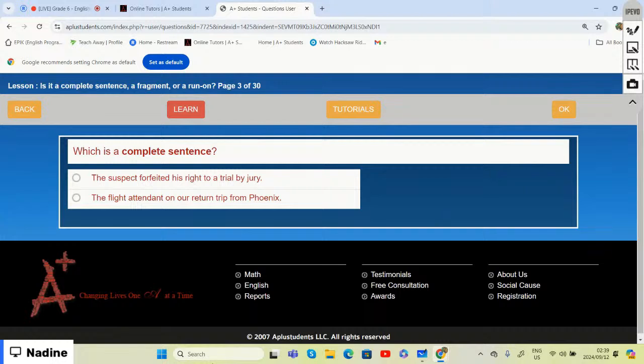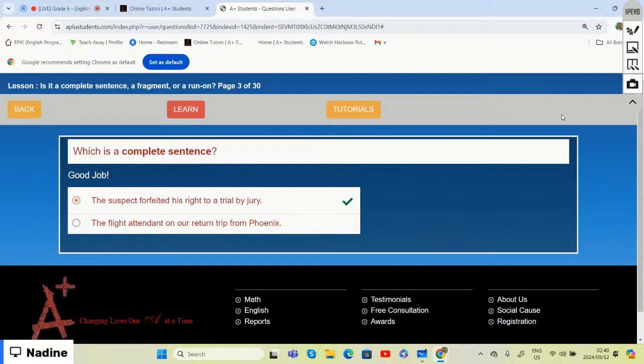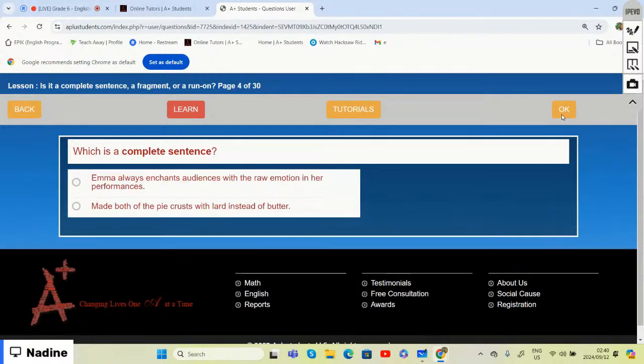Option 1, the suspect forfeited his right to a trial by jury, or option 2, the flight attendant on our return trip from Phoenix. And if we were to choose the correct option, we will choose option 1. So well done. Option 1 is correct.